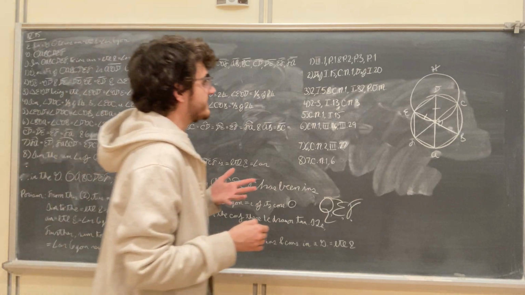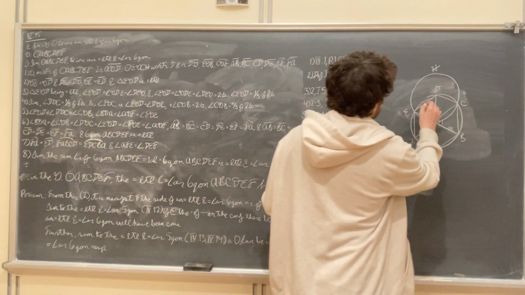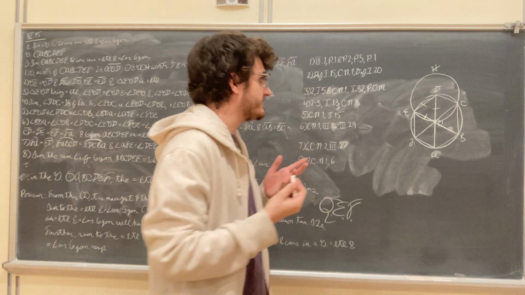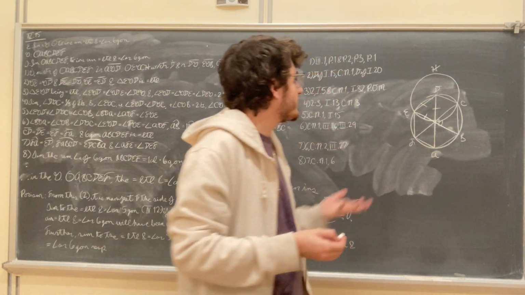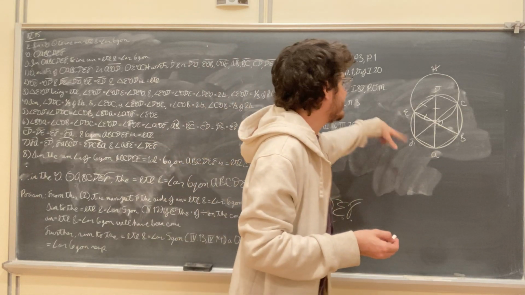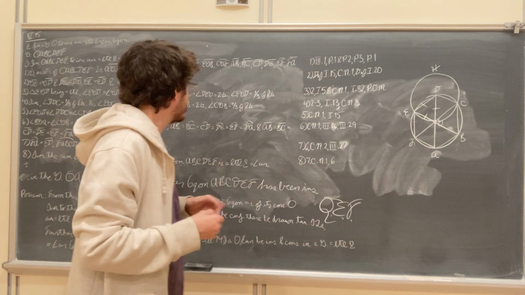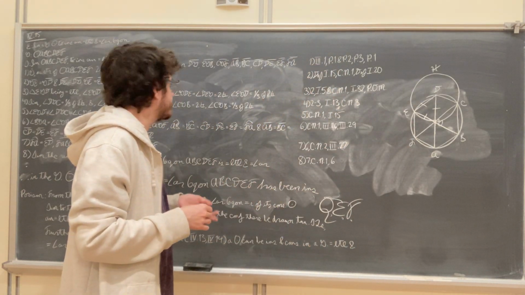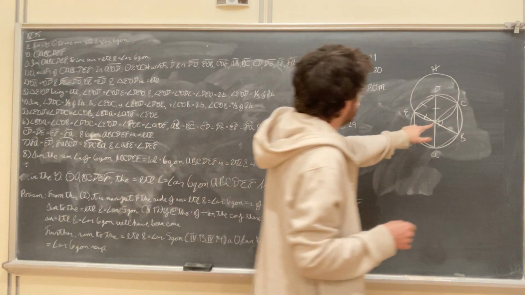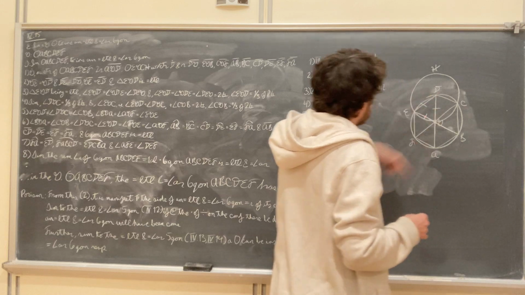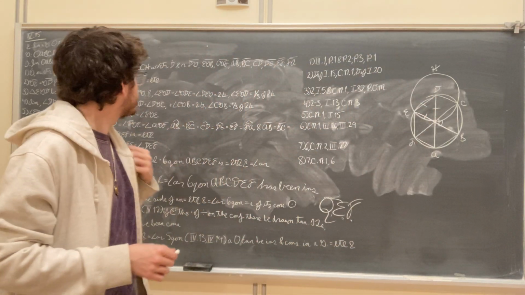Furthermore, we also know that DE must be equal to DG because these are both in the same circle, not A, B, C, D, E, F, but DE and DG are both part of the circle EGC. So they're also equal to each other, which means that GE is equal to ED. So GE right here is equal to ED right there.